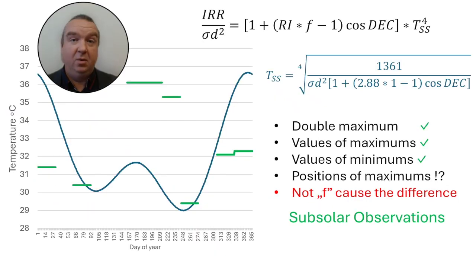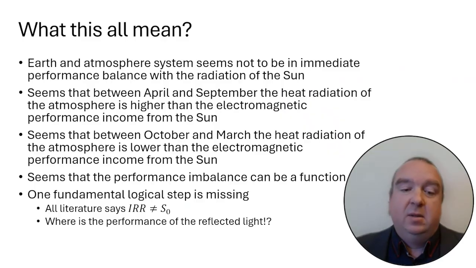So, Houston, we have a problem. In July, there is not enough incoming performance from the sun to cover the heat radiation of the subsolar point on Earth. What does this mean? The Earth and atmosphere system seems not to be in immediate performance balance with the radiation of the sun.